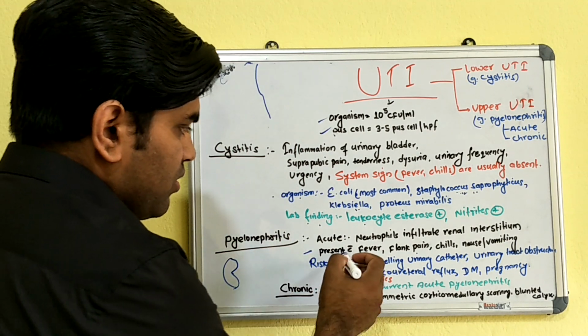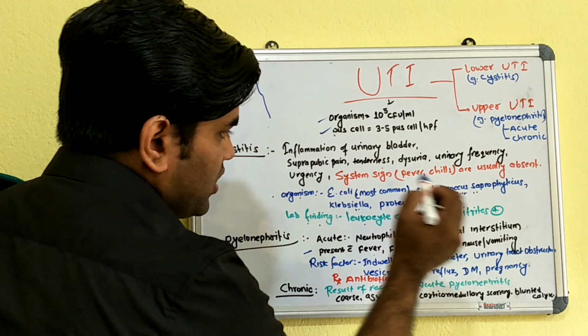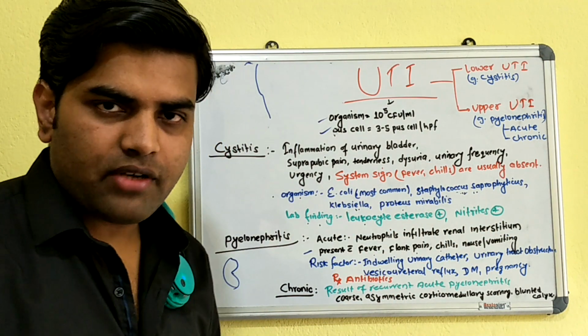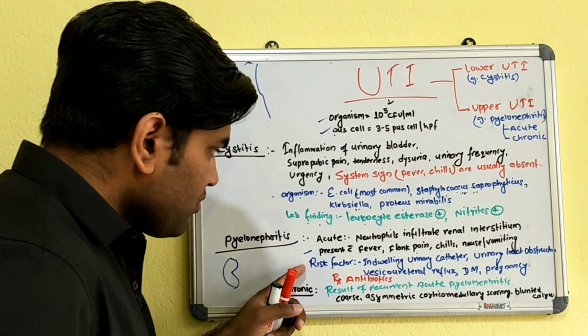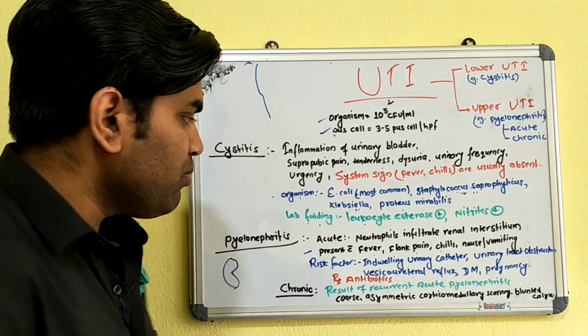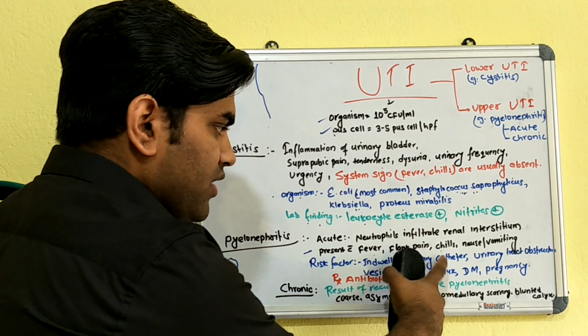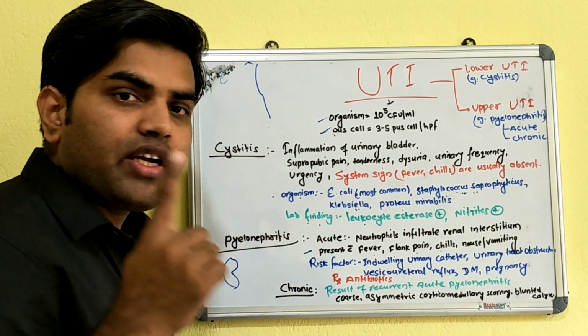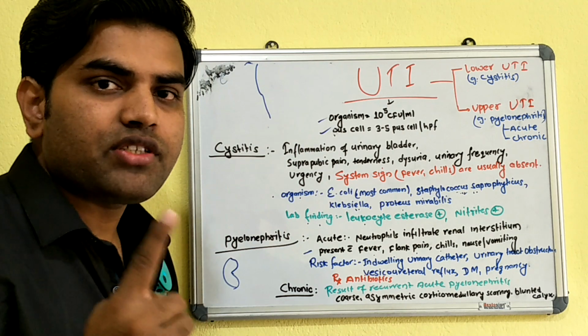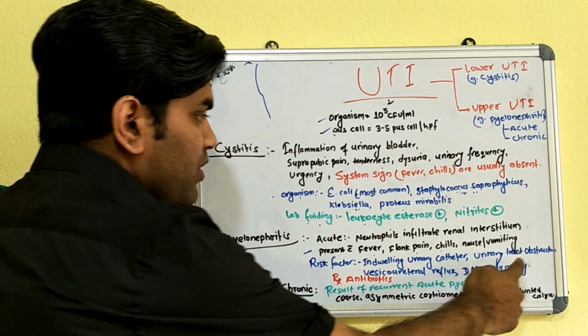That is a sign. But the patient will present with fever, chills, nausea, vomiting, and flank pain. Okay, again the risk factors in this patient: an indwelling urinary catheter is a very important risk factor. I have already discussed that urinary catheterization increases the chance of UTI by 7%. Okay, then urinary tract obstruction.